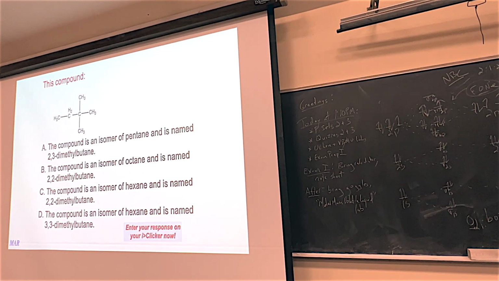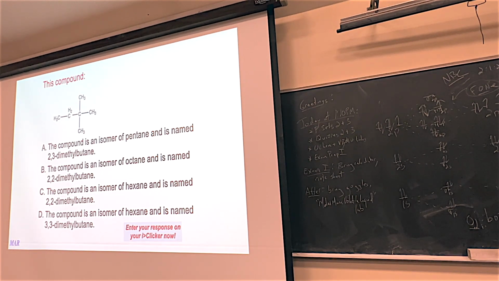So if this is a hexane, then it's going to be one of these. And you can see here what the differences are. Dimethyl's in front of them, but there's 2, 2, and 3, 3. Well, this is that smallest number thing. And again, count both ways. If you count left to right, 1, 2, 3, 4, it looks like the dimethyls would be off the 3rd carbon, so 3, 3 dimethyl.